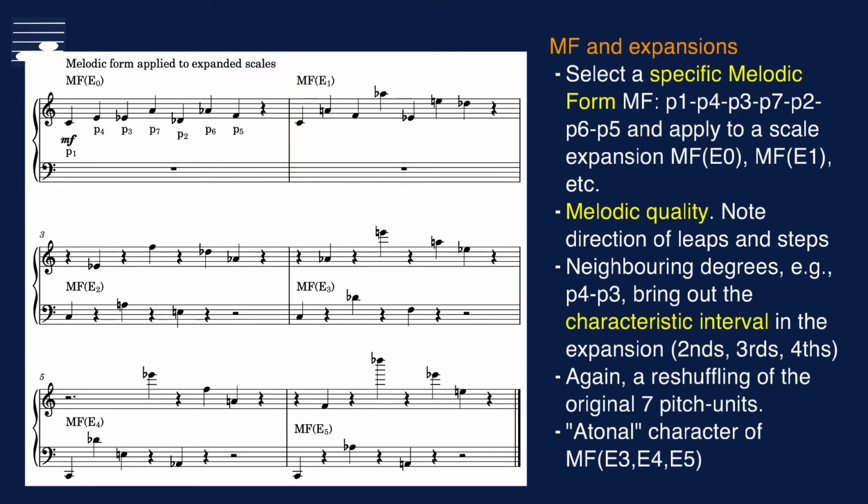Implementation of a melodic form automatically implies melodic quality, as expressed by the number and direction of leaps and steps. The example has two pairs of adjacent degrees, P3, P4 and P6, P5, and these will expose the characteristic interval in the expanded scale. Note the thirds in E1, the fourths in E3, etc. The wider expansions have atonal character, as the audio rendering demonstrates.